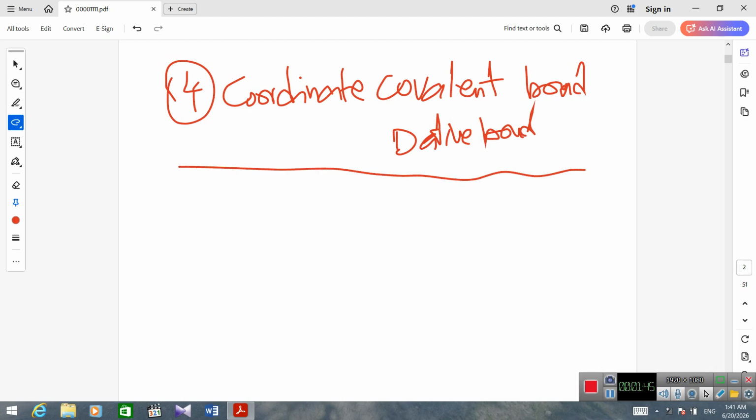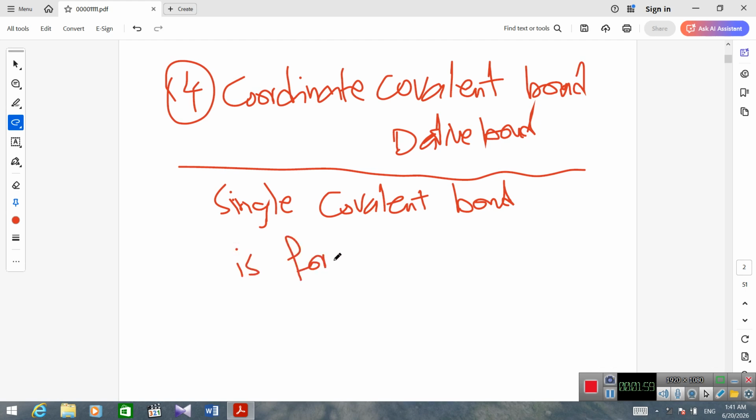But first of all, a single covalent bond is formed when two atoms share their single electron between the atoms.